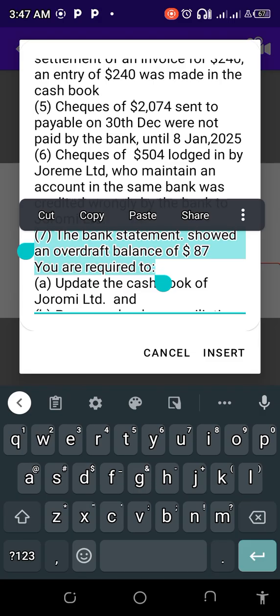Only those errors are adjustable in the cash book. Any error made in the bank will not be corrected in the cash book, but will be corrected in the reconciliation section. An example of such an error is a wrong credit by the bank to one Jerome account instead of the other. So let's go.